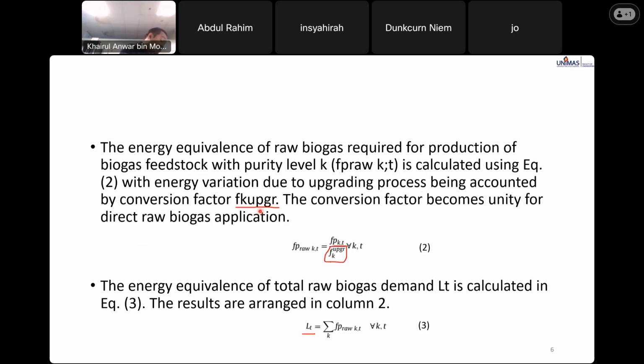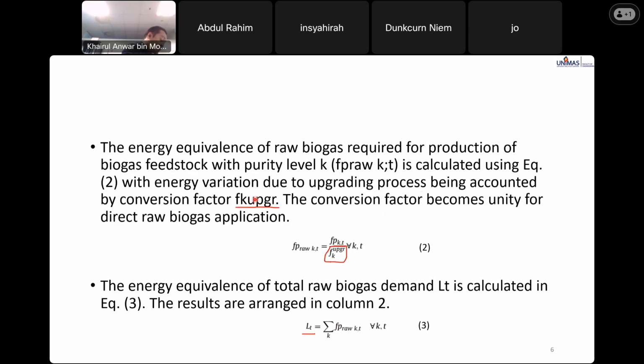Here is a conversion factor, FK upgrade.